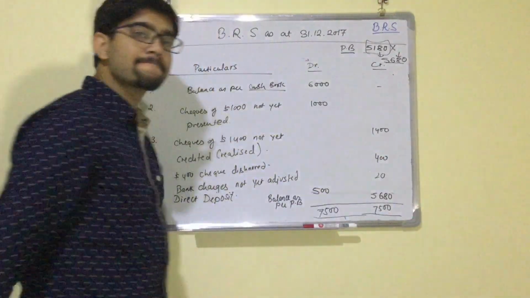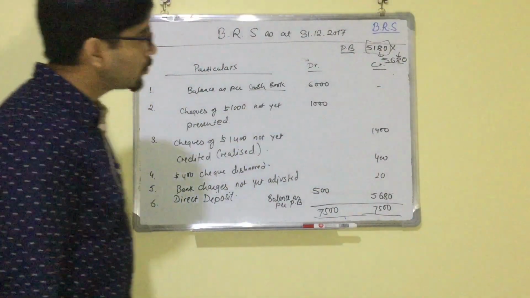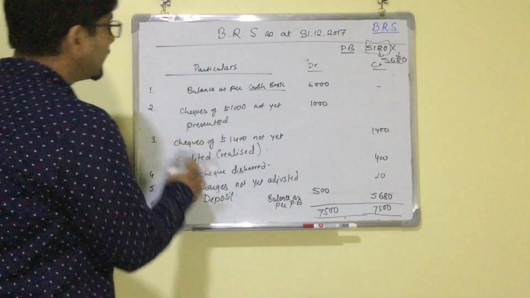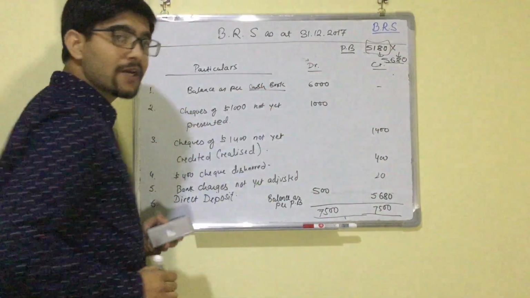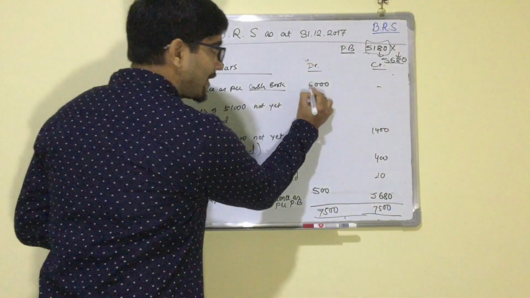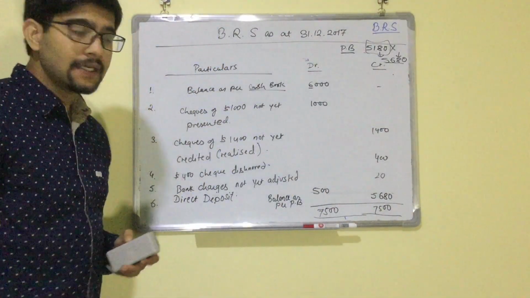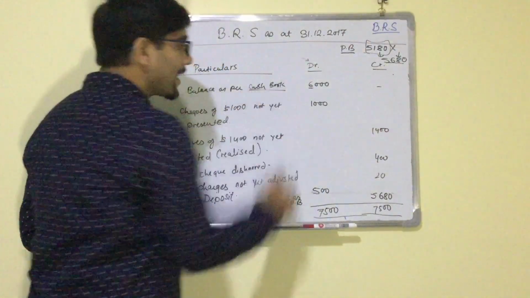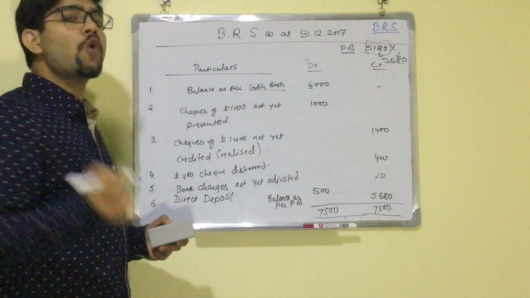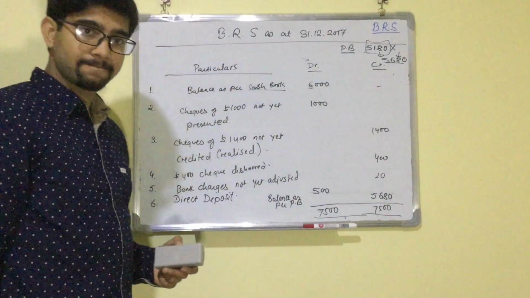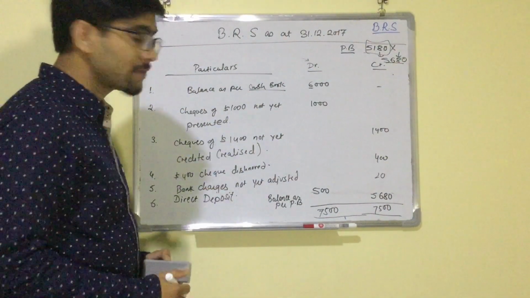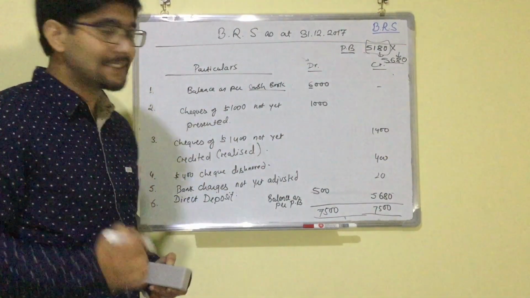There are two more things we need to understand. If the balance as per cash book is positive, write 6,000 on the debit side. If the balance as per the cash book is negative, which is an overdraft balance, write the balance on the credit side, if you are starting from the cash book. Let me repeat.